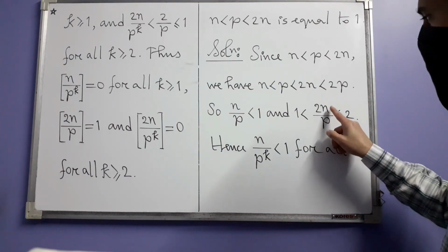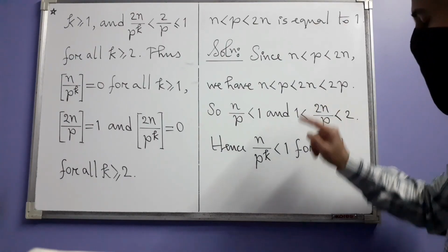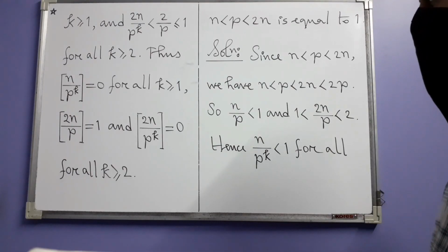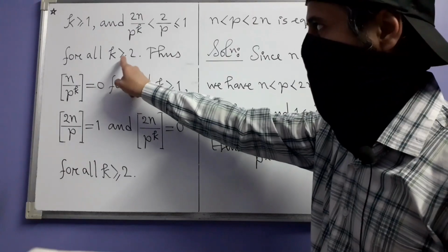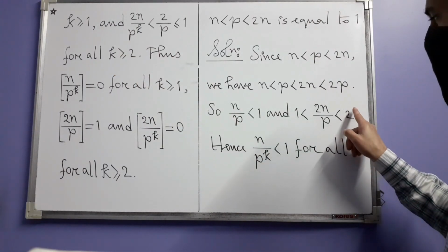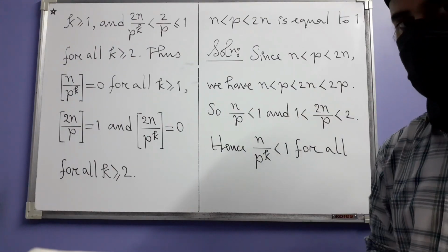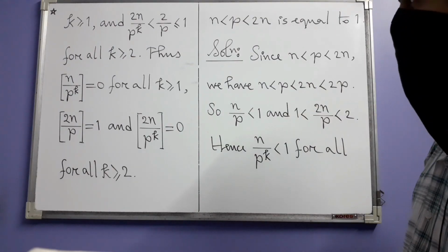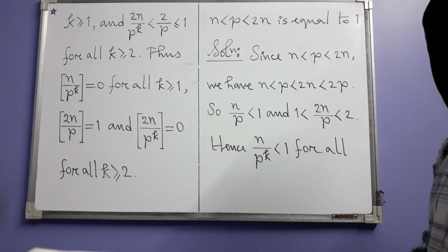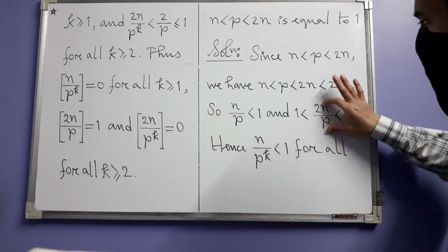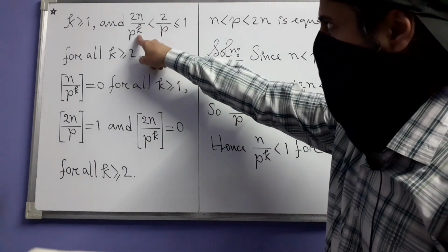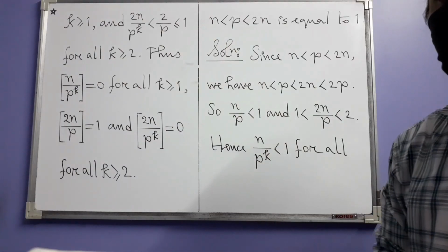I mean, if you divide this existing ratio by p to the power k minus 1, where this time k is greater than or equal to 2, then obviously you are also going to divide 2 by p to the power k minus 1, which itself is less than 2 divided by p, less than or equal to actually. So that's how 2n divided by p divided by p to the power k minus 1, which is this, becomes less than 2 divided by p.